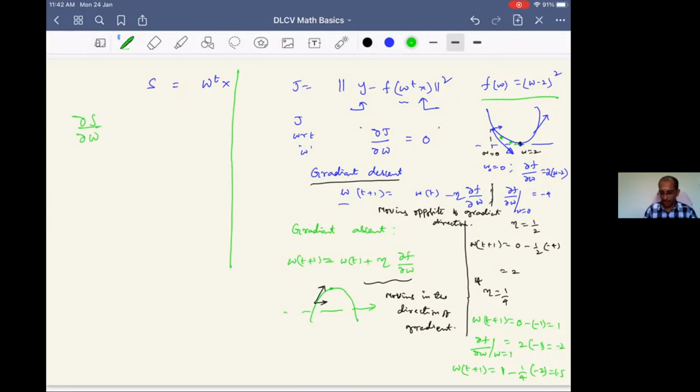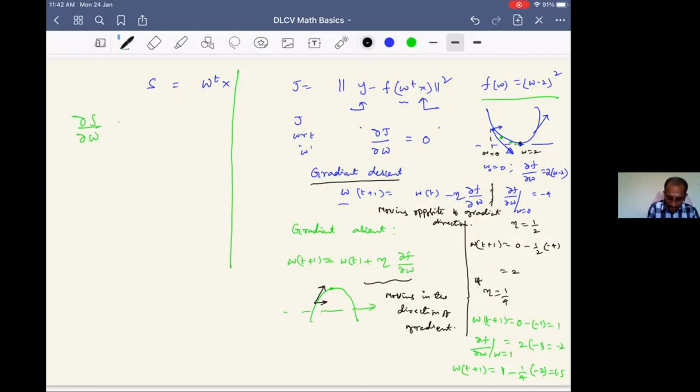We may encounter this kind of problem, since this is W transpose X, where I would like to differentiate with respect to the vector W, not just a scalar W. All the examples we have given so far are with scalars, but I may sometimes need to do it with vectors, and sometimes even with matrices.